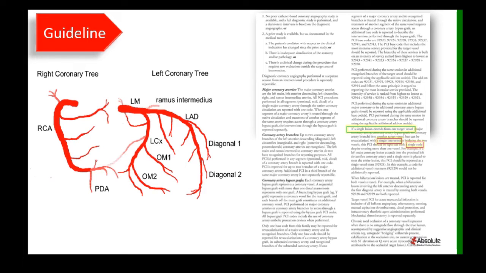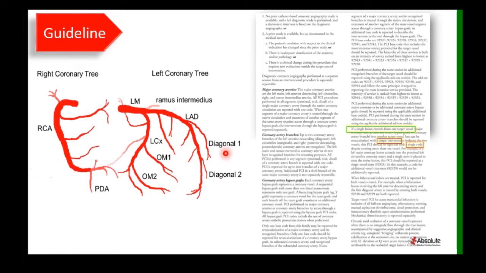And it's true, this guideline is true for any vessel, branch, or bypass graft. So let's say that this lesion is in the left anterior descending. Let's say it's right here. Left anterior descending, and it's also spanning into the diagonal branch.